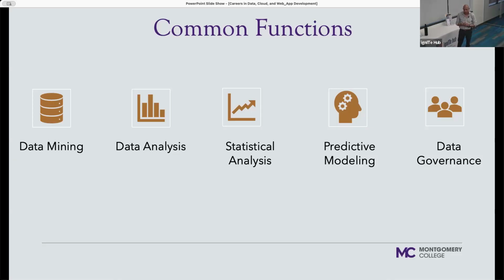So we are producing all this data, and the government started saying, wait, these companies are gathering all kinds of data on people. Some of this is what we call PII, or personally identifiable information. What are you doing to protect this data? Where are you storing it? For how long? Can people actually look at the data that you've been collecting, et cetera? So that is the data governance piece.